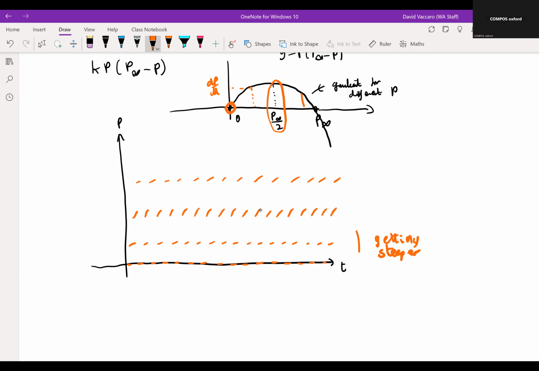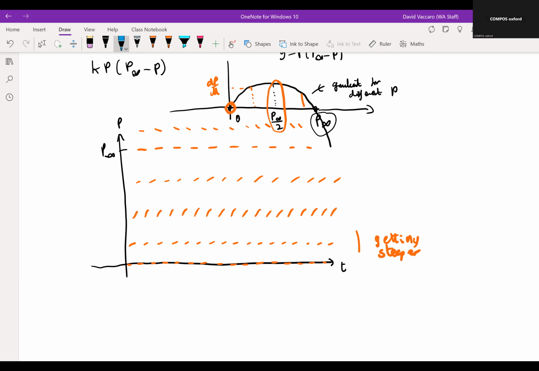And it's sort of symmetric. And then eventually at P infinity, the gradient is just 0 again. And above P infinity, the gradient is negative, and the higher you are, the more negative it is.